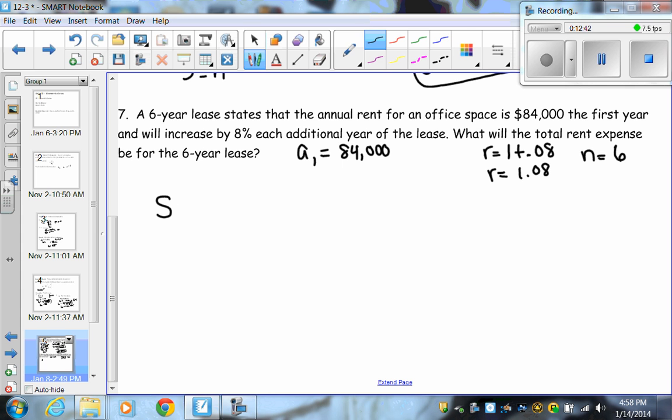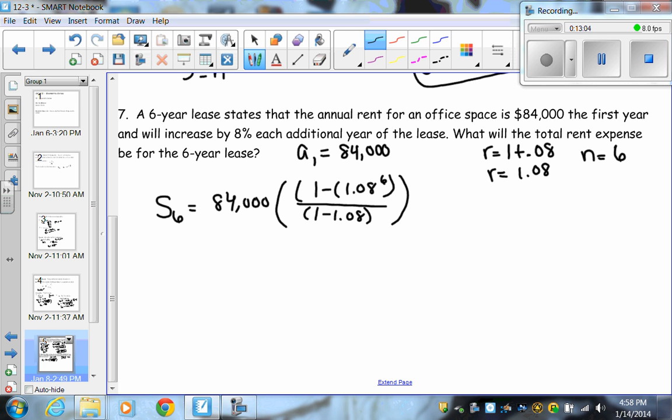So the sum for the first 6 years would be 84,000 times 1 minus 1.08 to the 6th, all over 1 minus 1.08. If we type this in our calculator exactly as you see it, you should get 616,218 and 4 cents, which is how much they would pay over the 6 years.